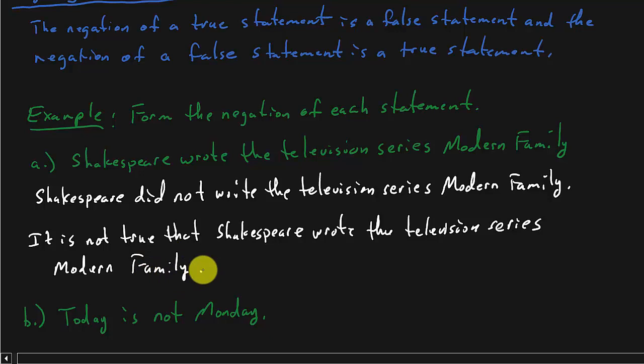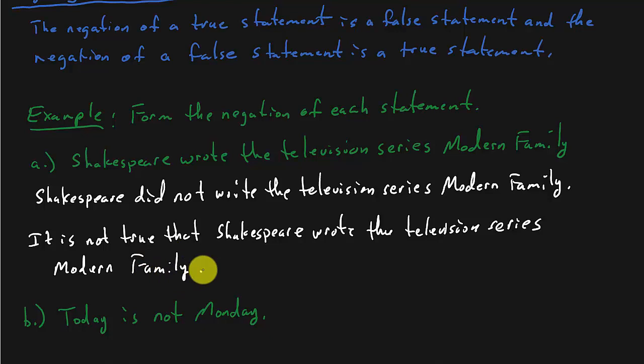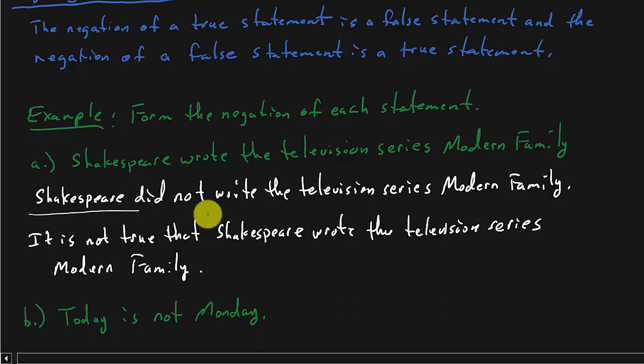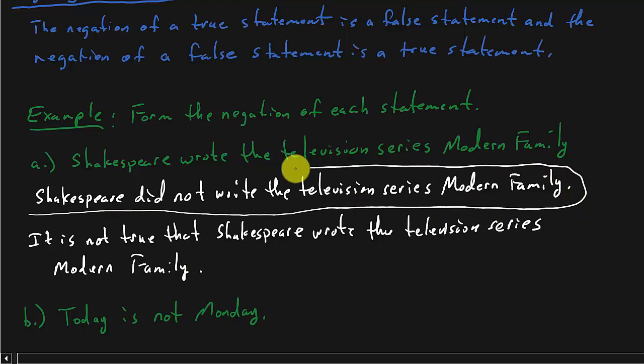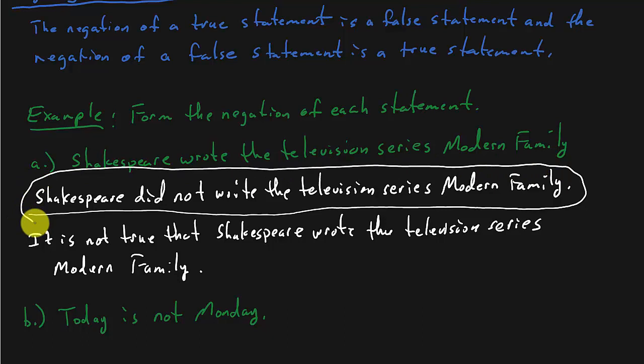So there's another way that we could negate it. Okay, both of them are correct. Well, which one do you want to write? Okay, so for me, I would probably write it like this. It's simpler. Okay, just go with that. Which one is, I guess, easier to write?